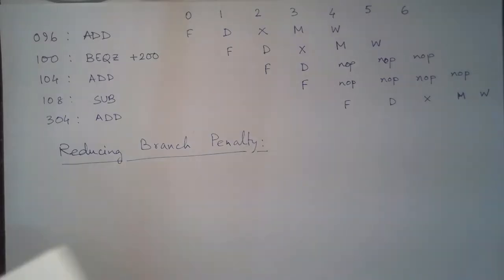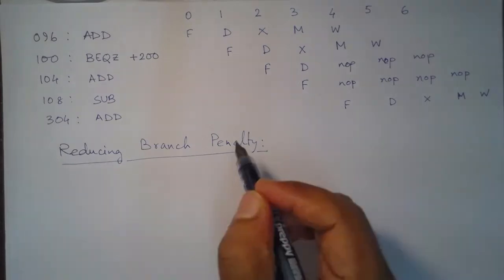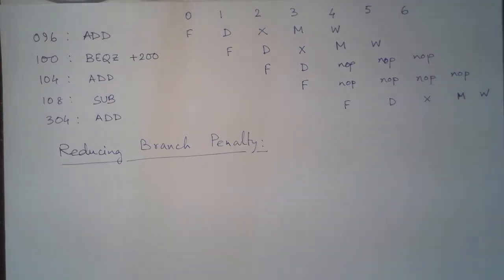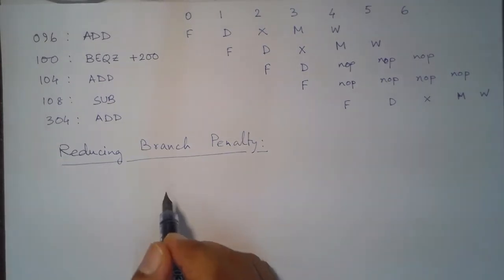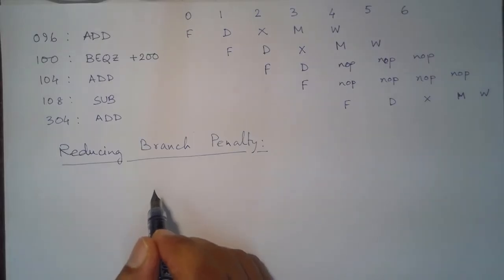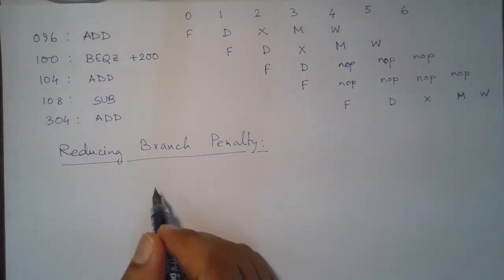You need to have access to the flags, and then you can compare. You need to have a comparator in the decode stage to compare the flag content with 0, and if that is true, then you can figure out what will be the branch outcome.